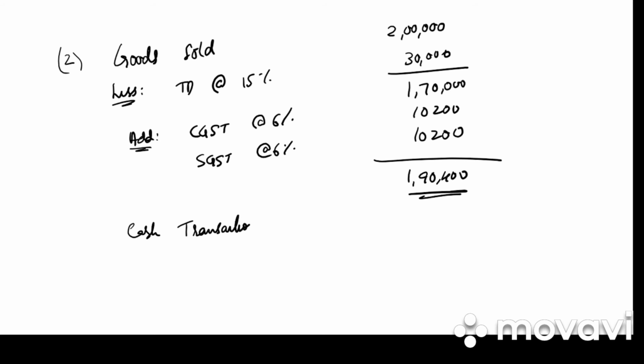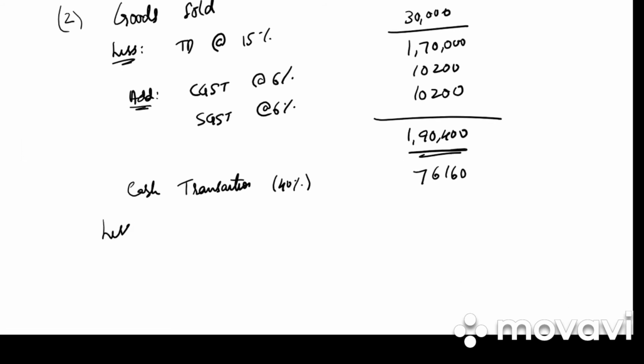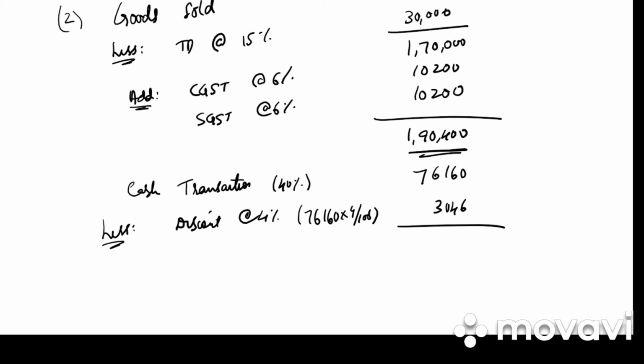In this 1,90,400 we paid by check. So how much? 40%. So 1,90,400 into 40 by 100 we get 76,160 less discount at 4%. So it is 76,160 into 4 by 100 we get 3,046, 73,114.